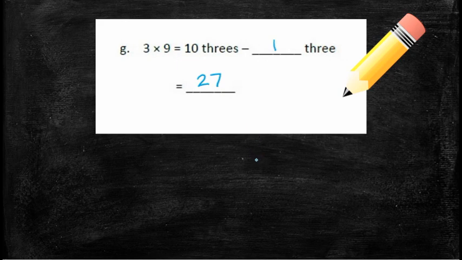But let's say that I still had questions about this. I still didn't really understand. I know that you take away 1 from 10 to get 9. That makes sense, but I want to really see it. Well, what I could do is I could make 10 groups of 3.